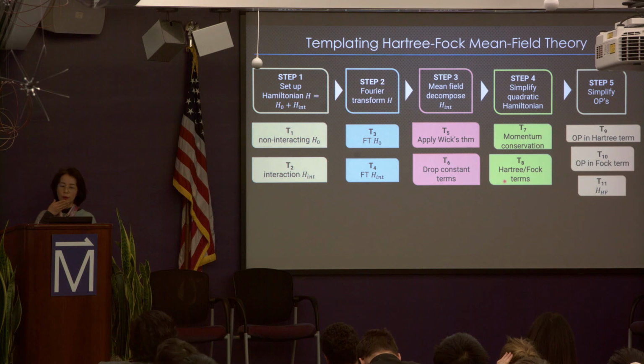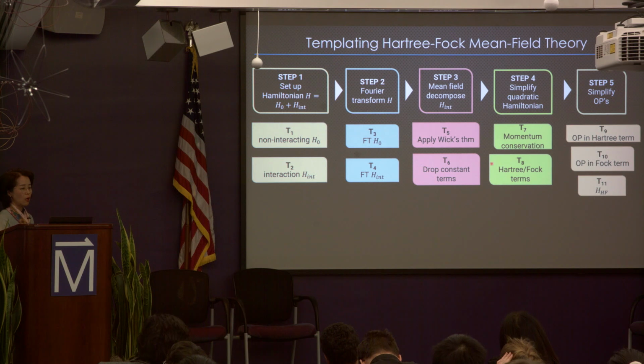So we thought of deriving the Hartree-Fock mean field Hamiltonian as a whole bunch of steps. You have to first write down your Hamiltonian, non-interacting term and interacting term. And often you would have to do the Fourier transform because kinetic energy is easier in the Fourier space. And then you have to apply Wick's theorem to do the mean field decoupling.